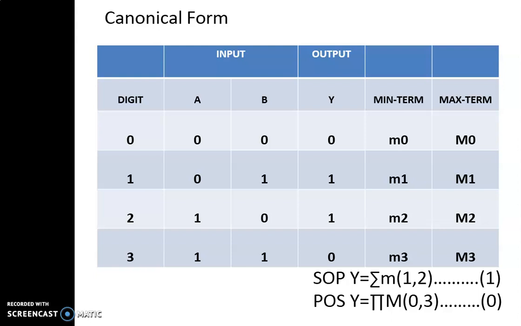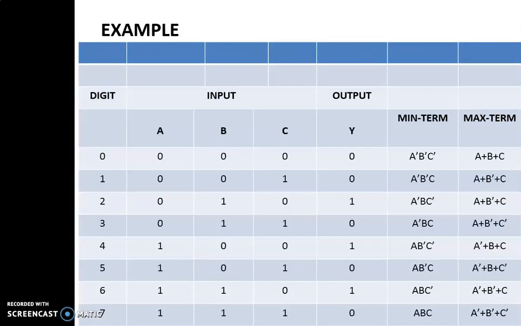For SOP form we always consider ones in the output, and for POS form we consider zeros in the output. According to this we can represent the SOP form as Y is equal to summation of small m 1, 2, and for POS form, pi capital M 0, 3. In this way we can represent the canonical form.